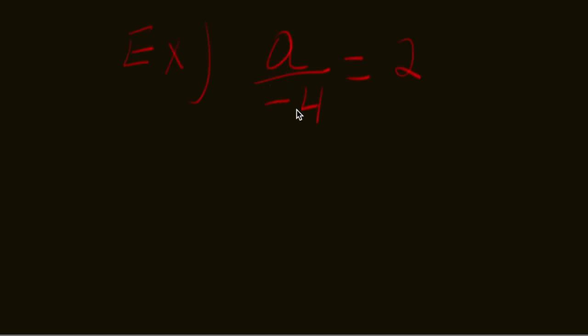Another example, a divided by -4 equals 2. So what they mean by that is there's a number a. When you divide it by -4, your answer is 2. So what number, when you divide it by -4, will give you 2?